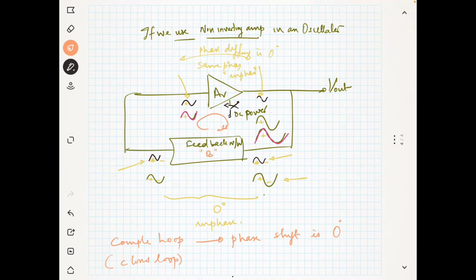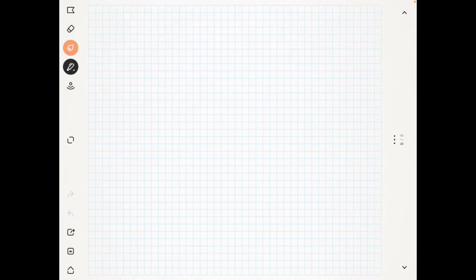Suppose you have an amplifier, and you give the input here, then you are getting just the opposite. That means positive negative gives you negative positive. Then you have a feedback network, B, and this feedback network is in phase. So this is 180 degrees out of phase.